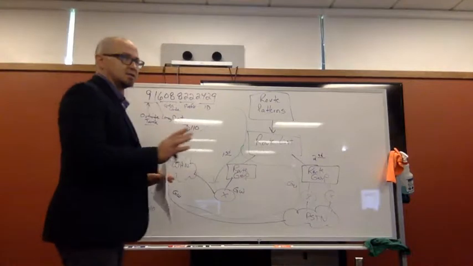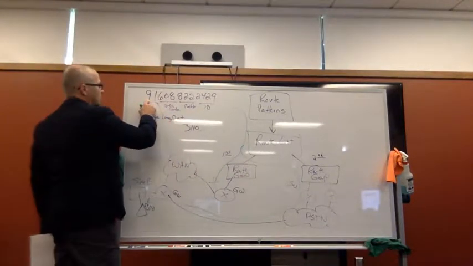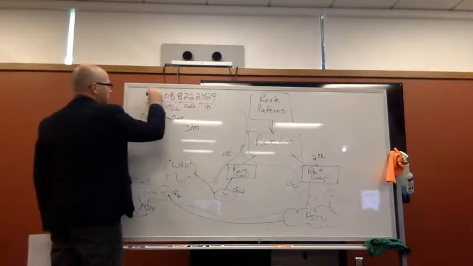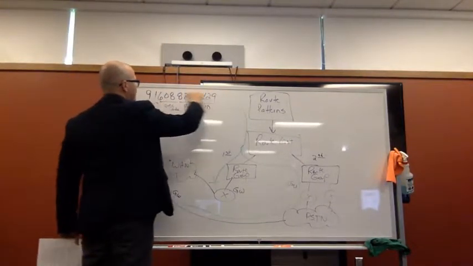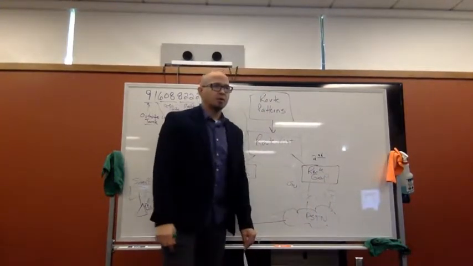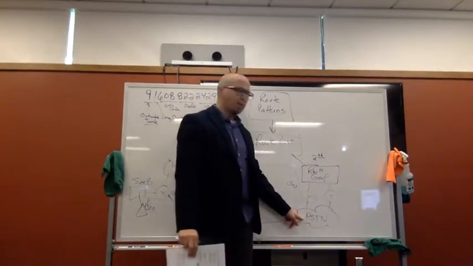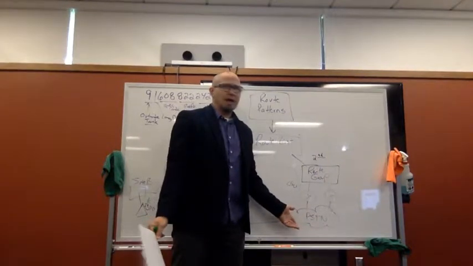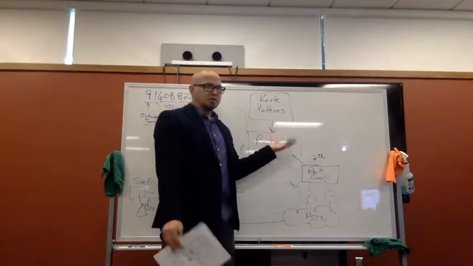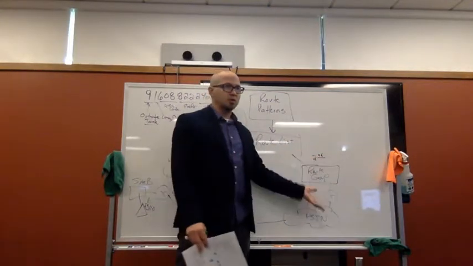Because watch this. If I dial 9-1-608-822-2429, should I send this whole string of characters out to the public telephone network? No, because the public telephone network has no clue what 9 is for. The only thing that really starts with 9 is 911, and then the rest of the digits don't really match, so they don't know what to do with it.